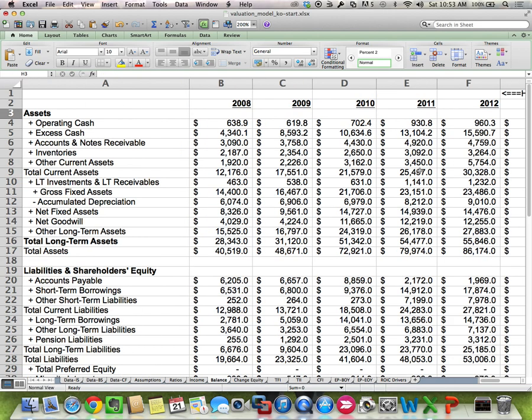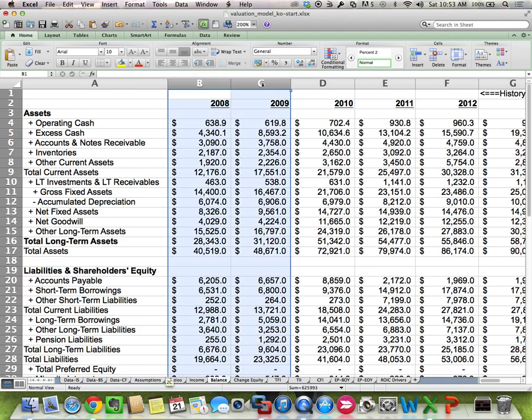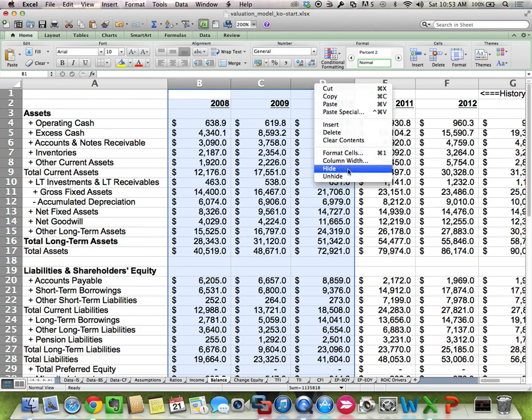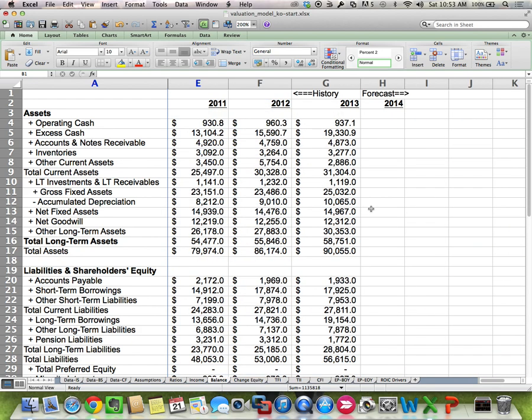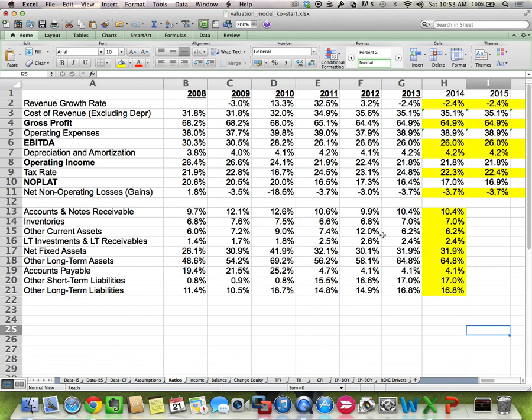And now I start forecasting out my balance sheet. And just so you can see it, I'm going to hide some historical years just so I can quickly jump to 2014. See it all on one page. So, go back to my ratios tab. The first ratio is accounts receivable.